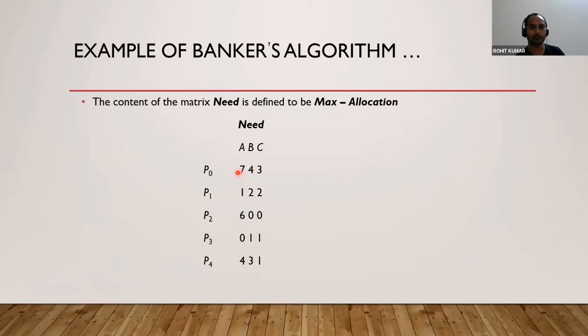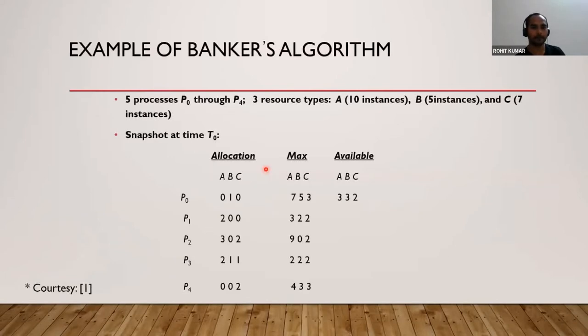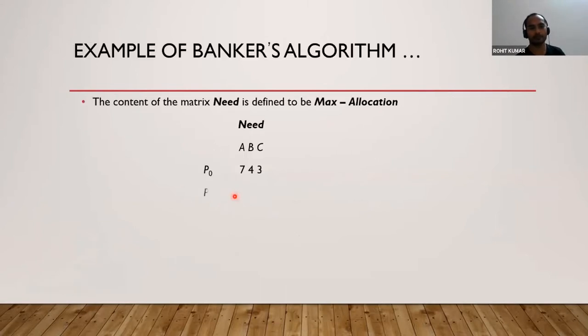So with 7, 4, 3, you can directly execute the demand of P0. 7, 4, 3 is available and 7, 4, 3 is the requirement. If you give the resources to P0, its current allocation is 0, 1, 0, so 7, 4, 3 will become 7, 5, 3.